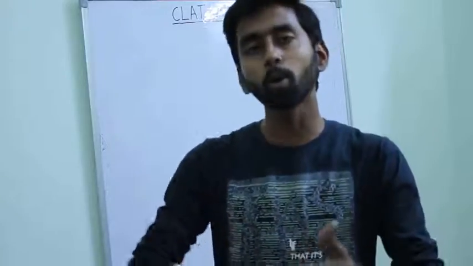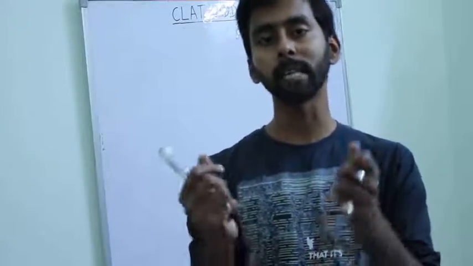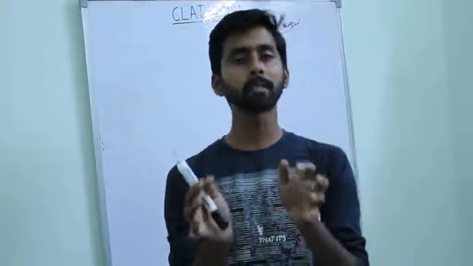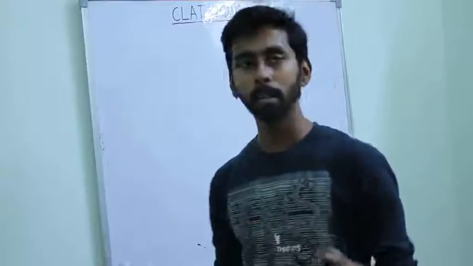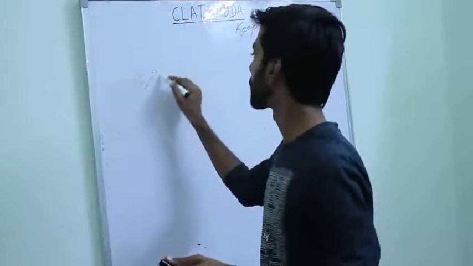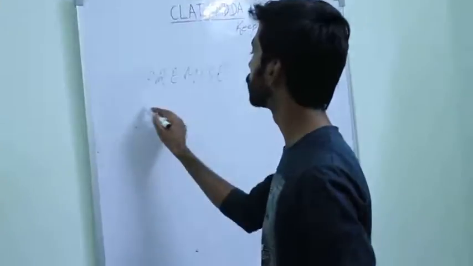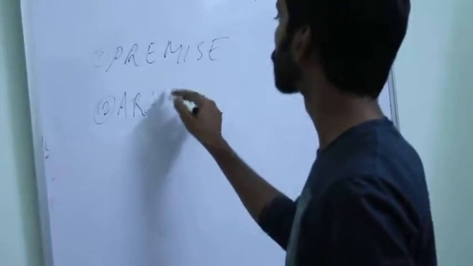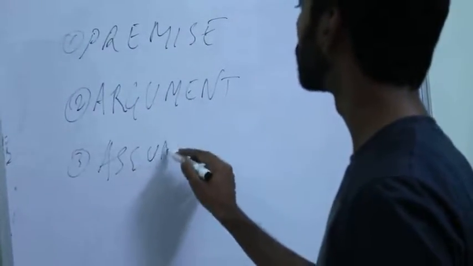But before we go to the actual application of all these concepts, it is very important that you should be aware of certain terminologies which are used in critical reasoning. Now these terminologies are, number one, premise. Number two, argument. Number three, assumption.